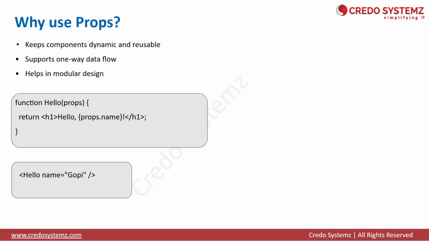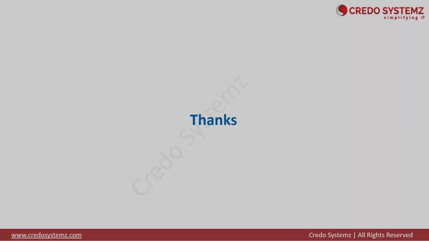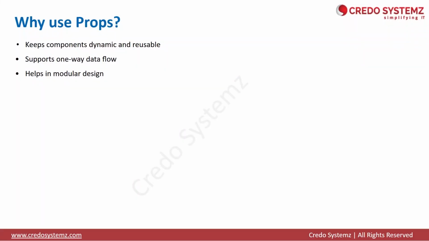This Hello component is embedded in the parent component. From the parent component, I am passing some data to the child component, which is Hello. This is props, and that's how props work. Why we need props: all those things we have already discussed, these are the main advantages. Let me reiterate one more time.